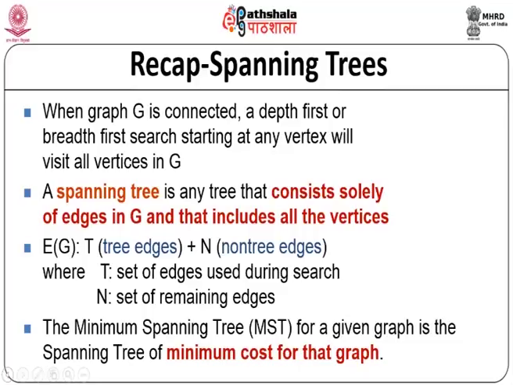Why we are telling this is, when we talk about a depth first or breadth first search, it is not necessary that the depth first tree or the breadth first tree consists only of edges in the graph.